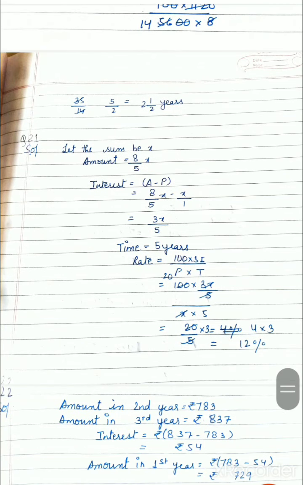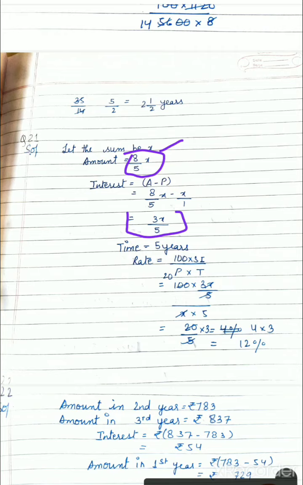Now, question number 21. It is said that a sum of money becomes 8 by 5 of itself. Means if it is X, then it becomes 8 upon 5 X. With the help of this, we can calculate the interest, amount minus principal. Interest also we will get in terms of X. Now we have to use the formula for calculating the rate, 100 into SI upon P into T. So, 100 into SI is 3x upon 5.